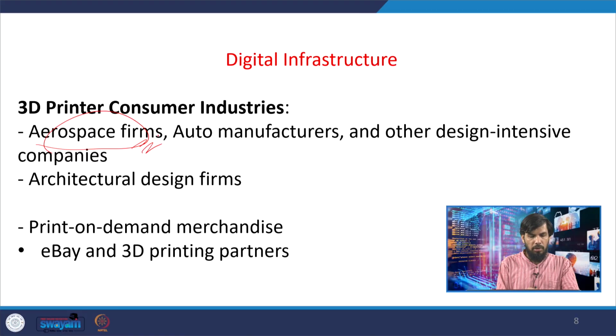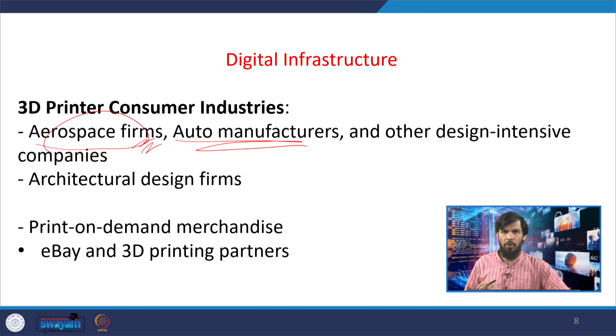So aerospace firms, auto manufacturers. As 3D printing technology improves, the cost of the printer and the cost of providing services might go down, because the cost of the material being used might also go down when economies of scale kick in. So the cost will go down over a period of time along with the improvement in 3D production technology.